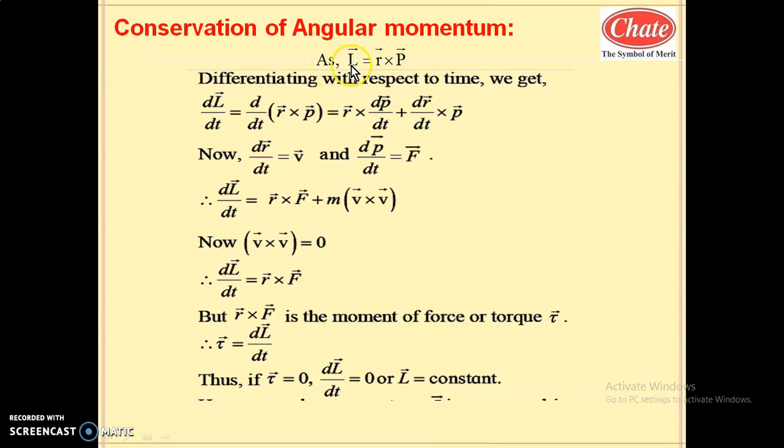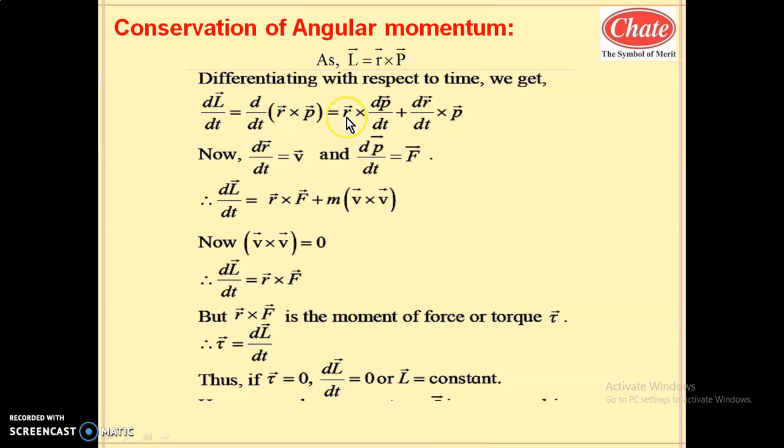As we know, the angular momentum equation is L equal to vector r cross vector p. Differentiating this with respect to time is the proof of this conservation of angular momentum that we are studying. We get on the LHS dL by dt equal to d by dt of, on the RHS, vector r cross vector p.